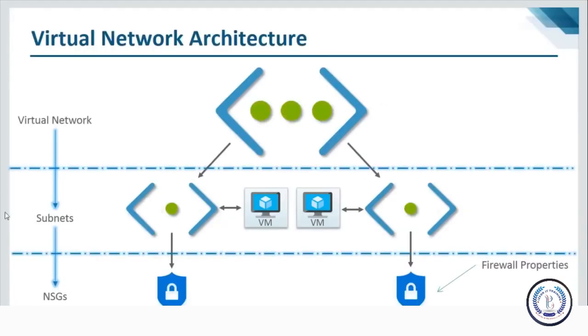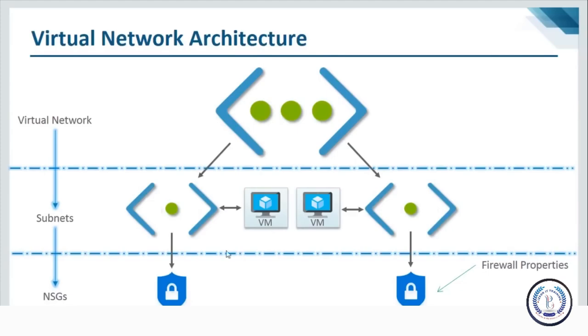So this diagram basically talks about a virtual network, 2 subnets. Now what I'll be doing is I'll be launching 2 virtual machines and I'll be attaching these virtual machines with this subnet. All right, and this is basically your network security group. This is where you will be configuring your properties, and this also I'll attach to the subnet. Now this VM will then reflect the properties of this particular firewall.